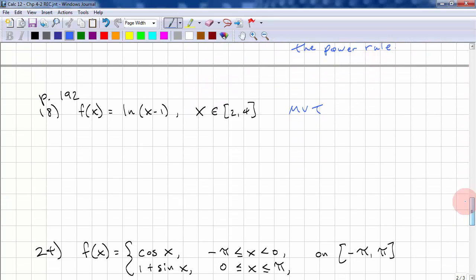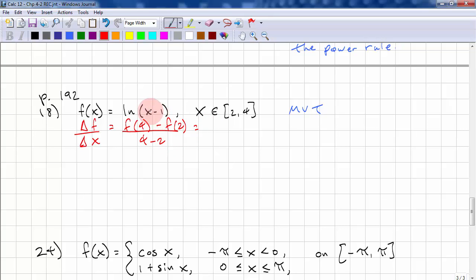Okay, let's look at another example. It's not an antiderivative. It's finding a solution for this function that satisfies the MVT. So the average rate of change is f of 4 minus f of 2, because that's the given interval, 4 minus 2.